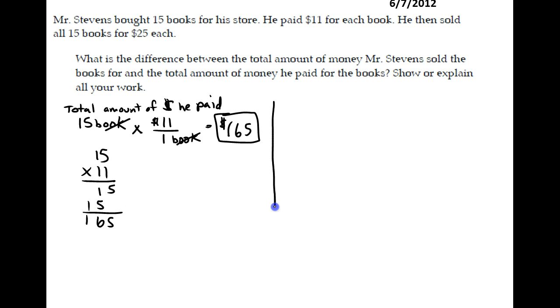Then, what he's going to do is, he's then going to sell these books, all of them, for $25 each. Okay. Let's see the total amount of money he sold the books for.